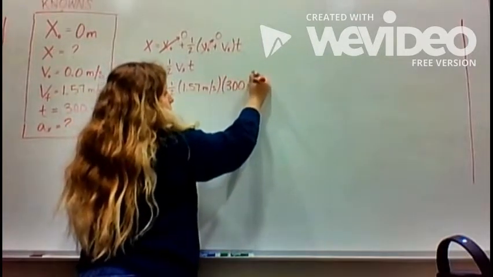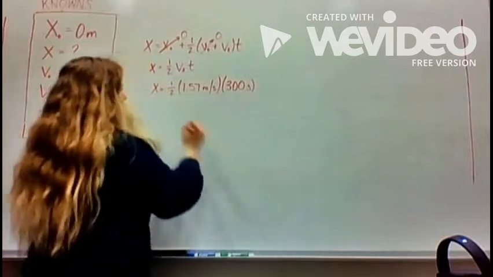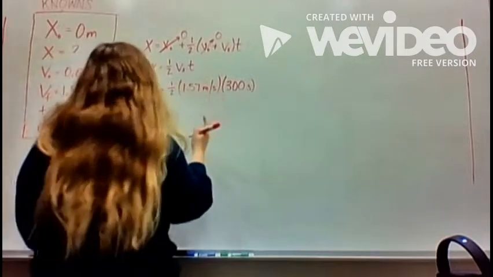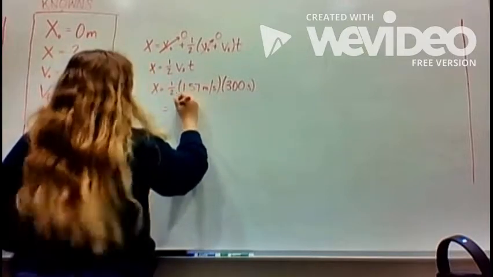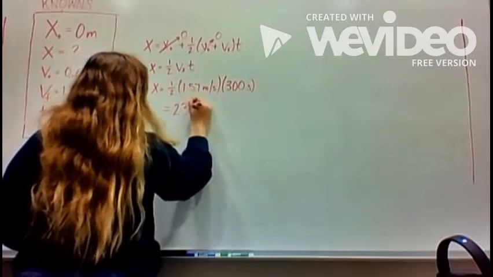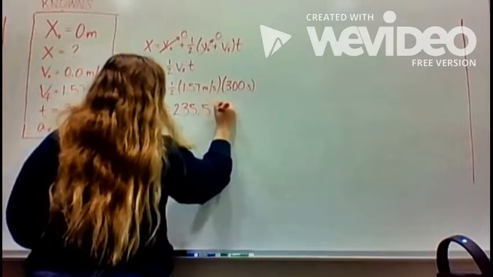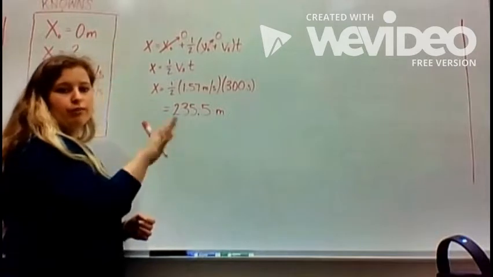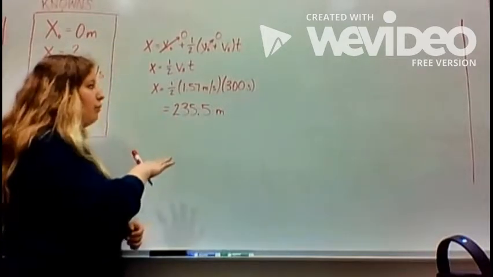We converted it into seconds because that just makes everything else easier. So from all of that, we get 235.5 meters over the course of 5 minutes. That's how far he would run.